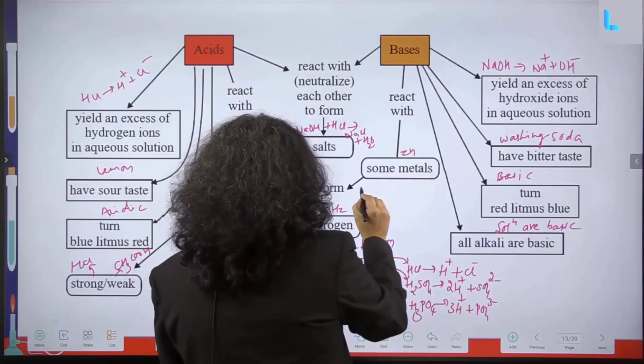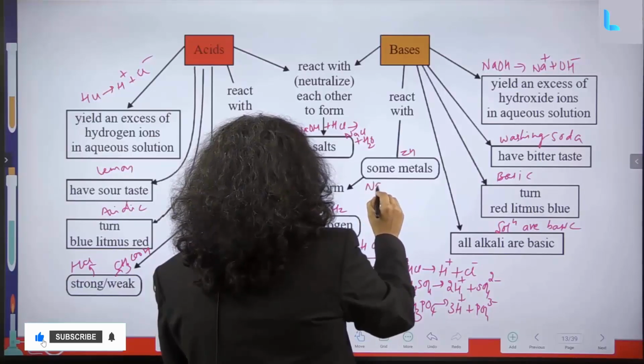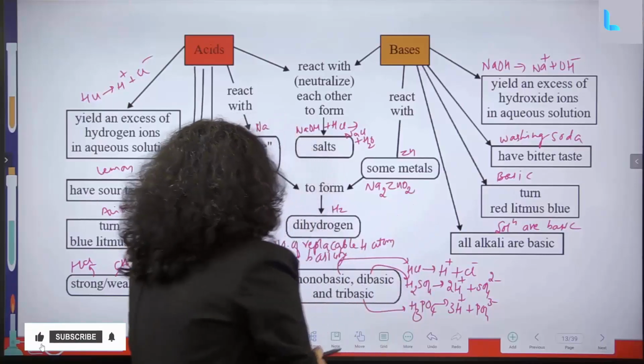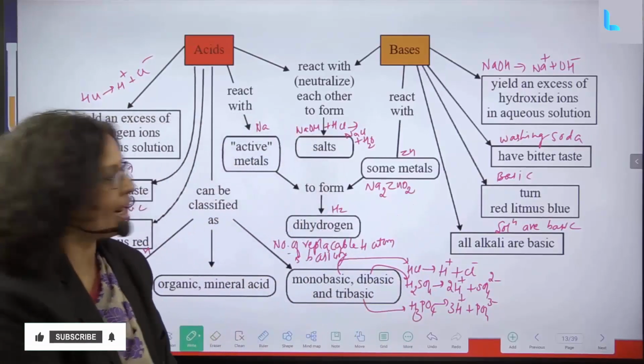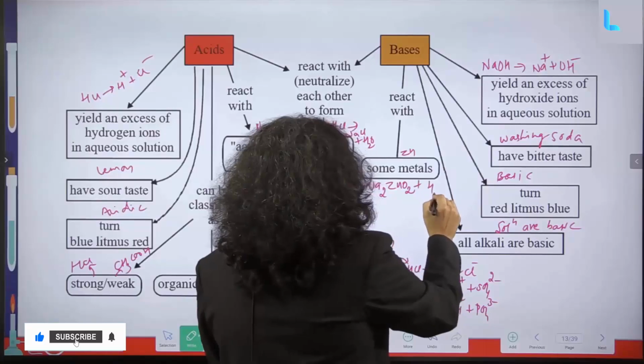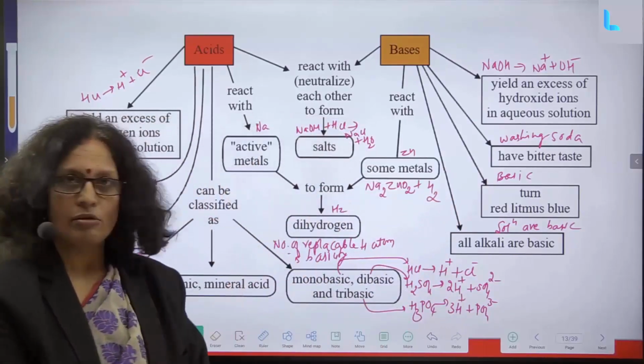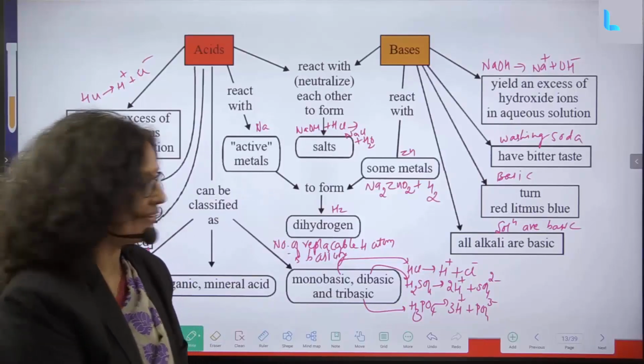NaOH plus zinc gives Na2ZnO2, sodium zincate, and hydrogen gas is liberated here also. Clear? So these are the properties of acids and bases in the flow chart.